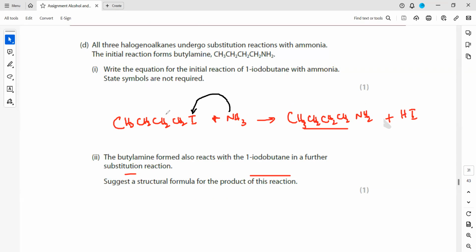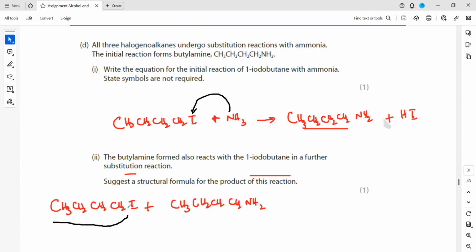We just need a product, but I will write the equation first to give you an idea. We have CH3CH2CH2CH2I reacting with butylamine, the product of the first reaction, CH3CH2CH2CH2NH2. The whole carbon chain will take the position of the second hydrogen.